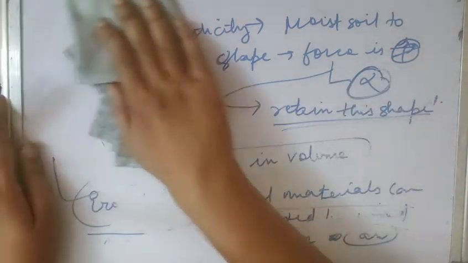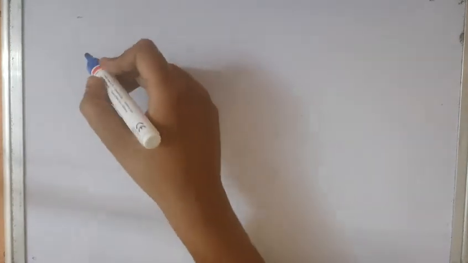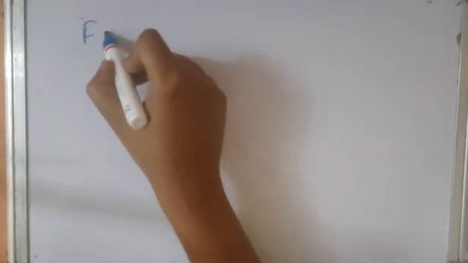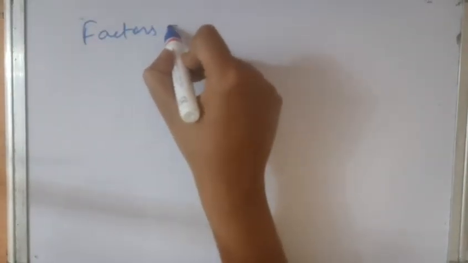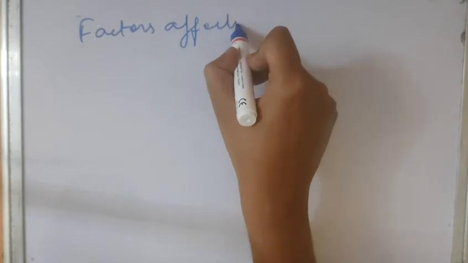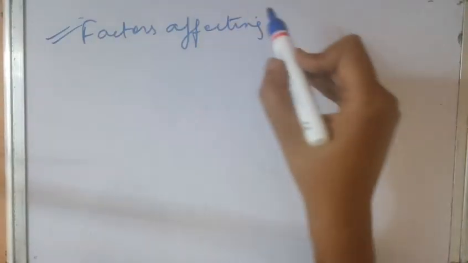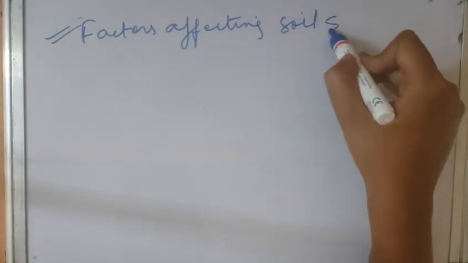So these were the physical characters of soil. Now one question was asked in previous years, we will discuss it here. What are the factors that affect soil structure? This is important. It was asked a couple of times.